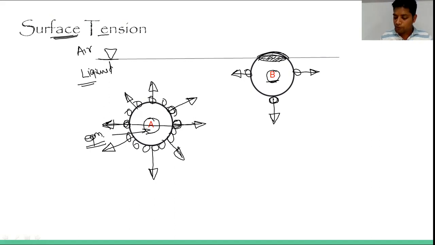At these points, whatever the water molecules are there, they will pull it in this direction, and similarly the liquid molecules will pull it in this direction. So this force will be at the periphery of this surface only, whatever its periphery is.